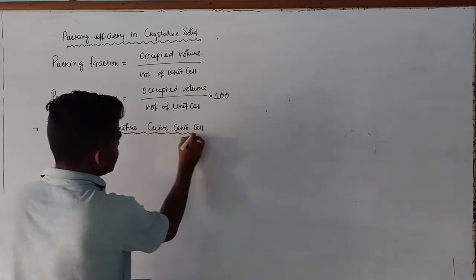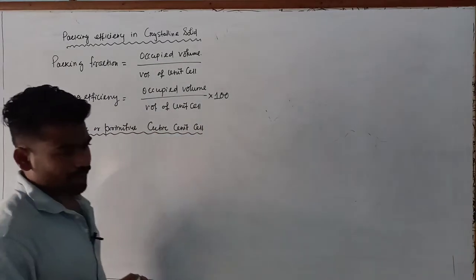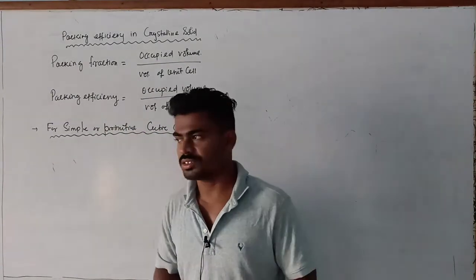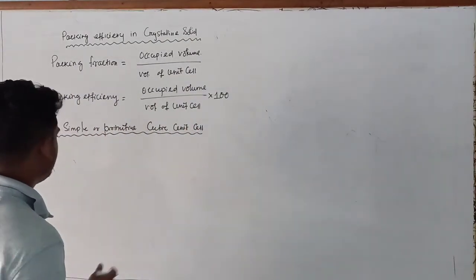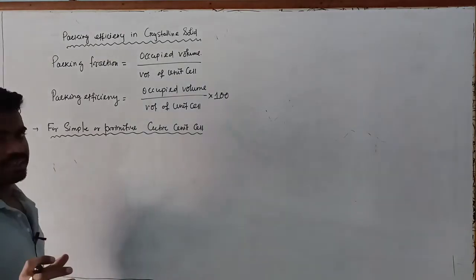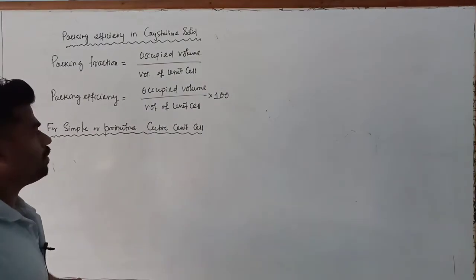As you know, for a primitive unit cell, particles are only present at the corners, so the effective number of atoms Z we have calculated is 1. So only one effective atom is present in a simple or primitive unit cell.